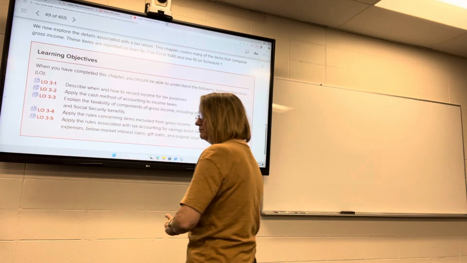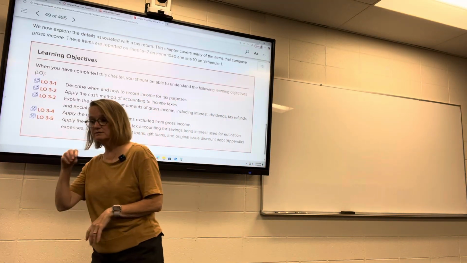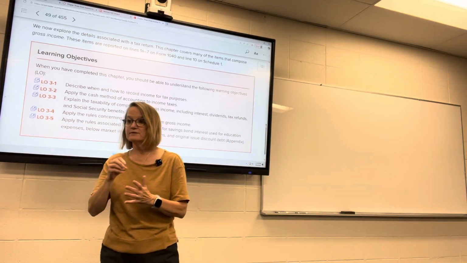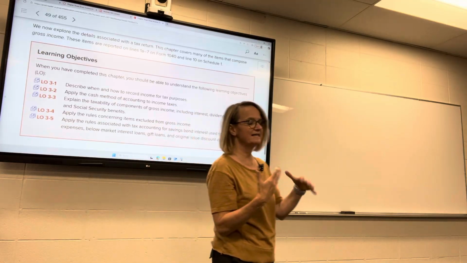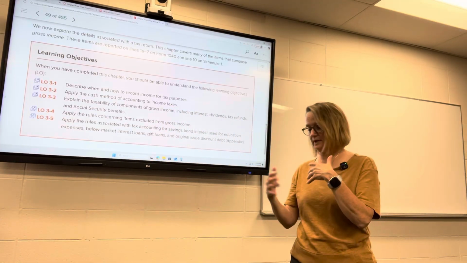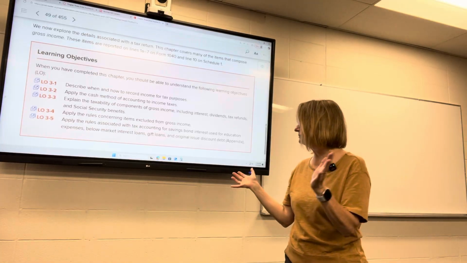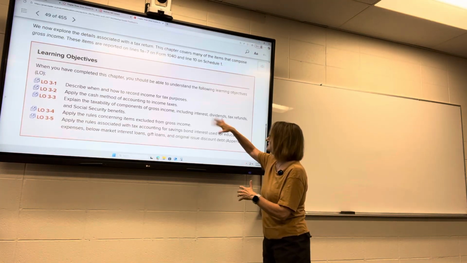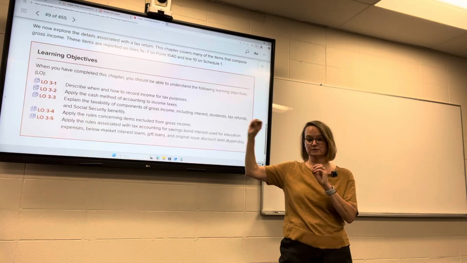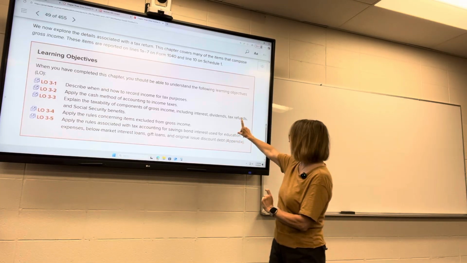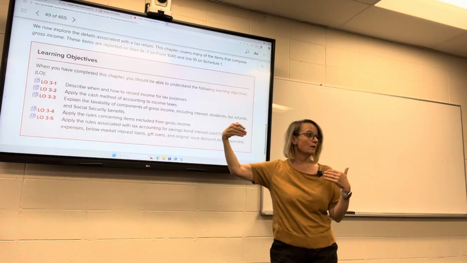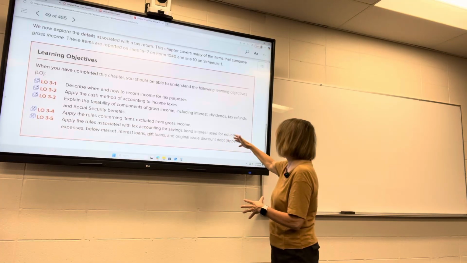So I'm going to try to really drive home this procedure, because this is one of those questions that I get a lot, just through experience of having this class for now my 8th year. This is one of the areas in this chapter that there's a lot of confusion about: how to record dividend income, how it's taxed and what the tax rates are.